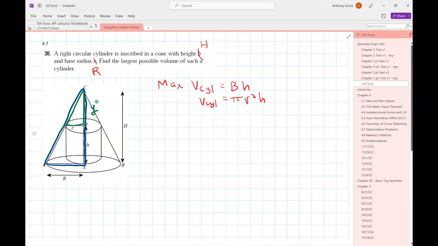I'm going to call that segment Y. So what I can say now is that r over y is equal to cap R over cap H. And what can I say about little h here?